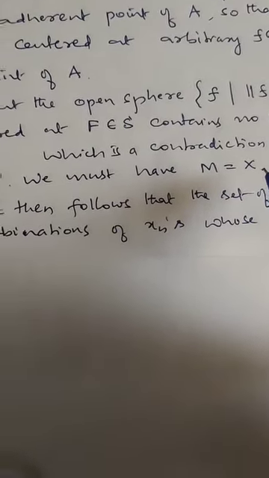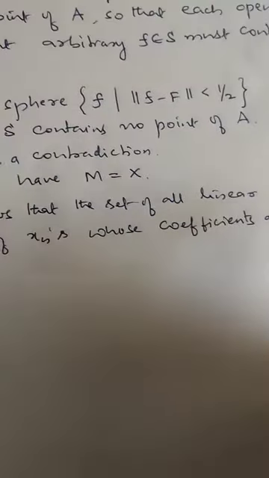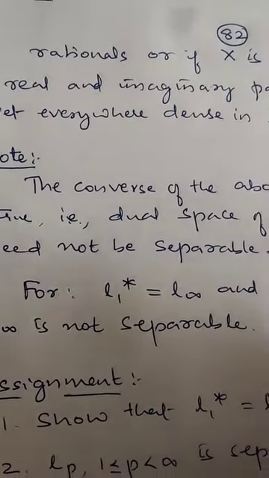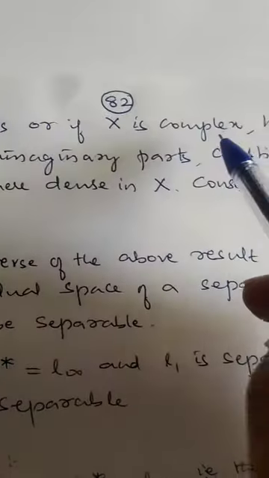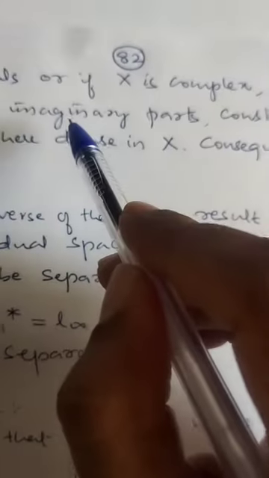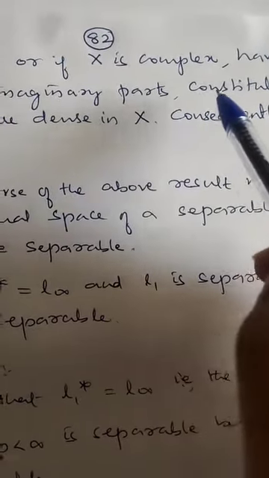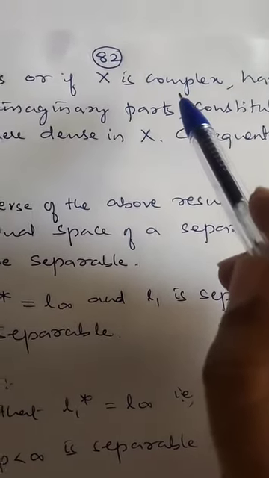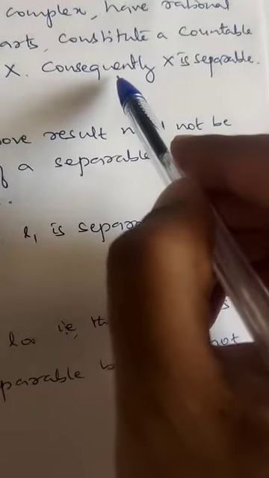M is equal to X. Now it follows that the set of all linear combinations of xn's whose coefficients are rational numbers, because we need a countable set, so we need to use the rationals, or if X is a complex normed space, then rational real and imaginary parts, constitute a countable set, dense in X. Consequently, X is separable.